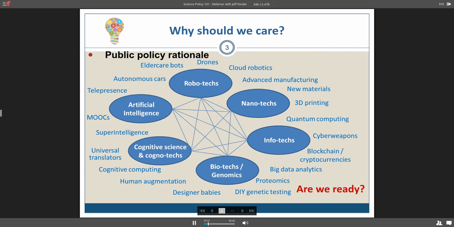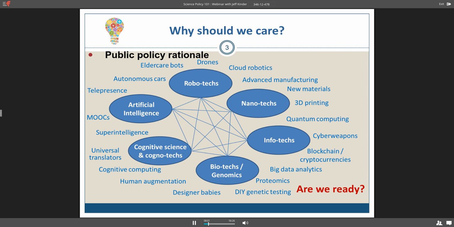But of course, there are other rationales that are equally compelling. In particular, in the case of public policies, even beyond the economic reasons, there's a whole wide range of policy areas that are impacted by science and technology, whether it's the development of new medicines or new energy technologies, and all of these things require a strong policy for both supporting science and technology, but also dealing with their consequences.